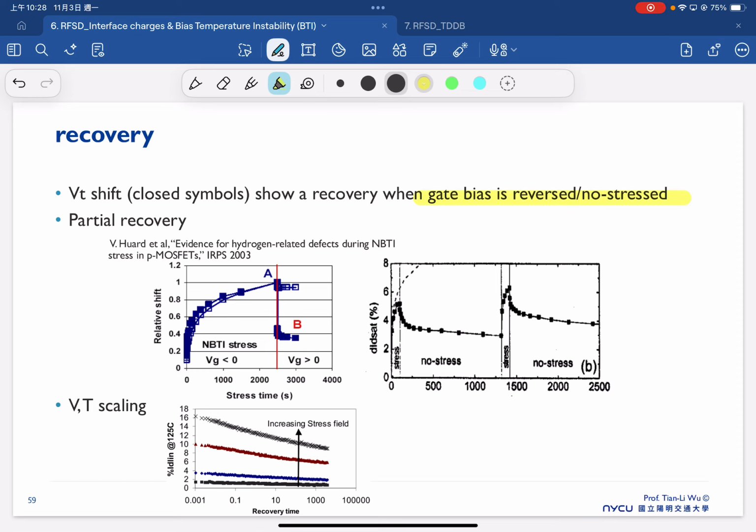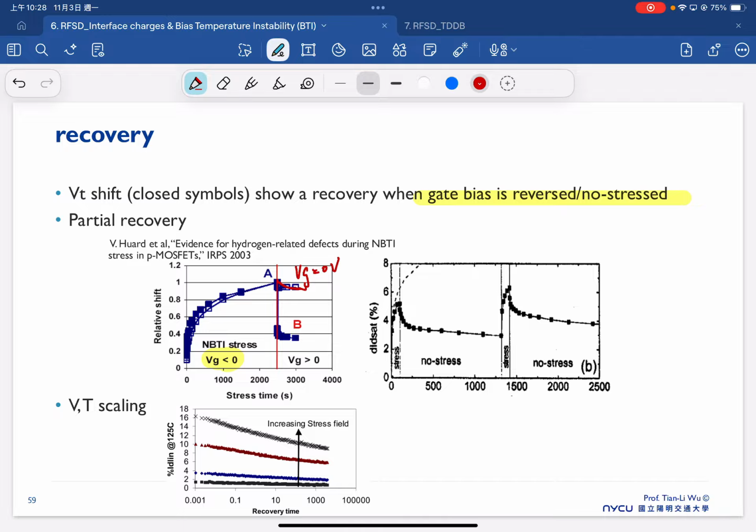Here is one example coming from NBTI. This is stress at VG below 0 volts, so that's the NBTI case, and we can see a very obvious threshold voltage shift. But if we give the bias at VG 0 volt, then we will see a slight recovery.